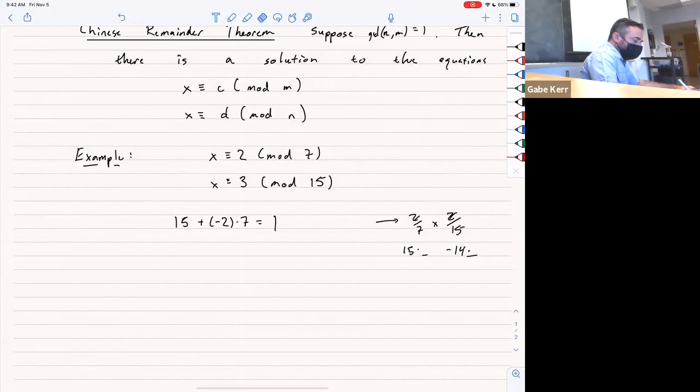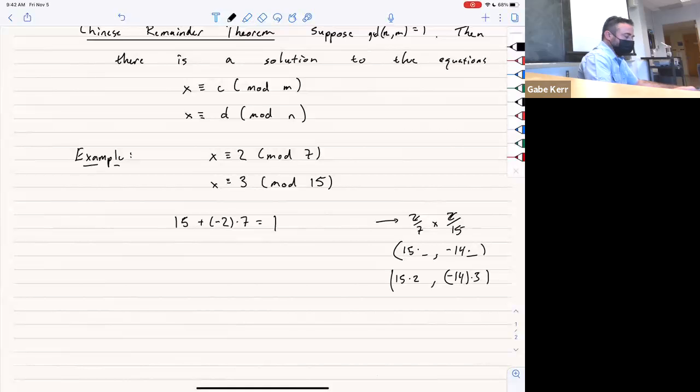So if I want something to go to 2 here and 3 here, well, just multiply by 2 and 3. So I want 15 times 2 here, negative 14 times 3 here. A pair of numbers.